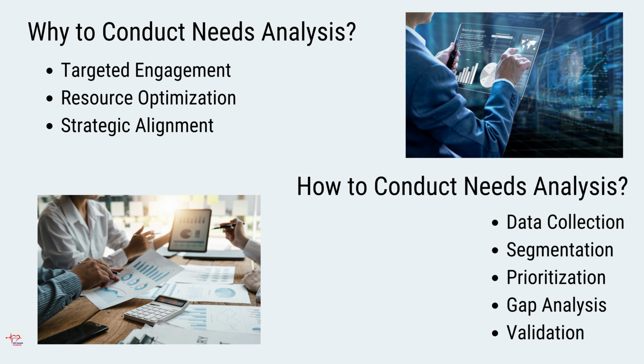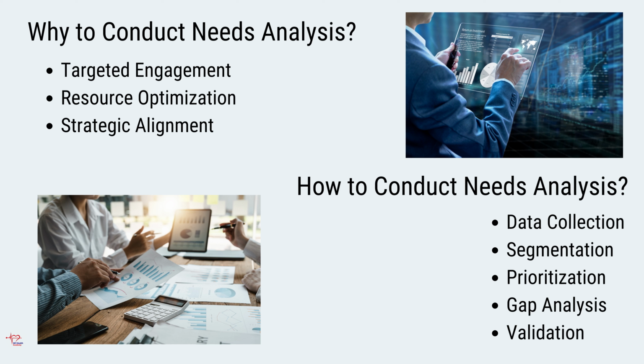Finally, you can do some validation or pilot some trial in order to validate the findings that you came out with some key stakeholders to ensure accuracy and comprehensiveness. So, the steps that you need to follow are: collect data, do the segmentation, do prioritization, and prioritization, as we mentioned, rank the needs of each stakeholder group based on the urgency, impact, and feasibility.